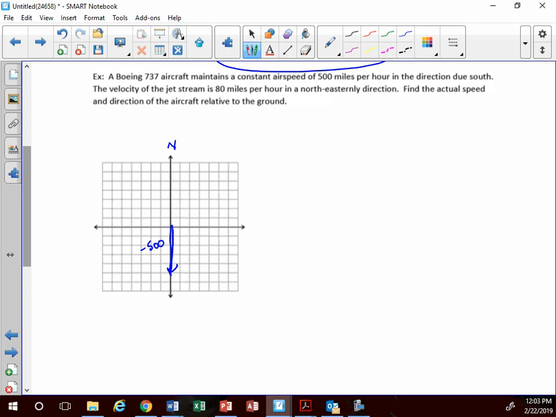Let's make the component form of that. We'll call that vector A for vector airplane. If you had to put an ordered pair at the end of that vector, what would it be? 0, -500. Good.